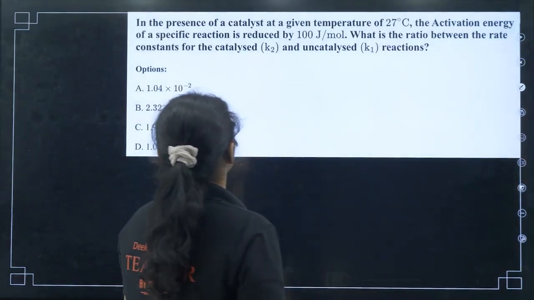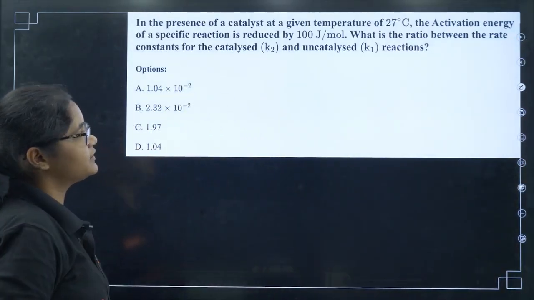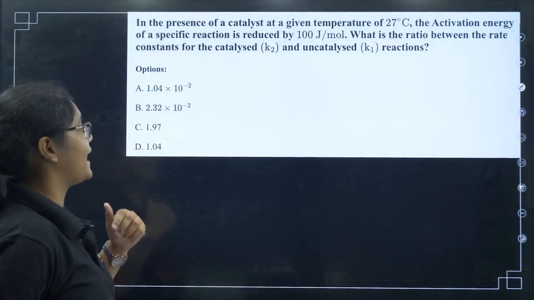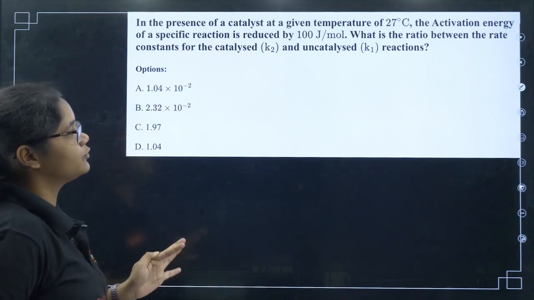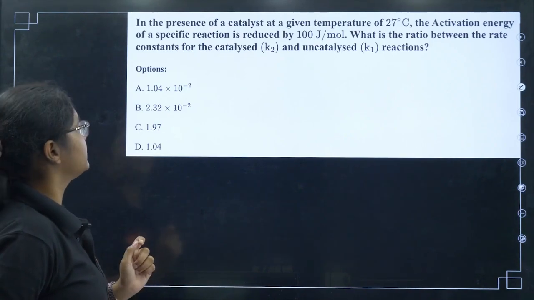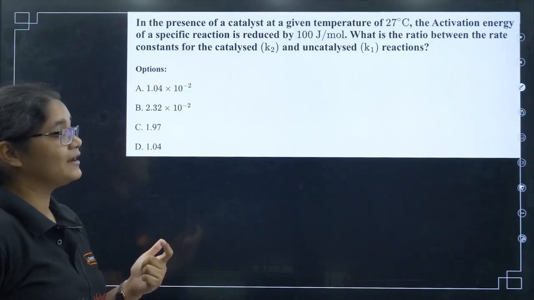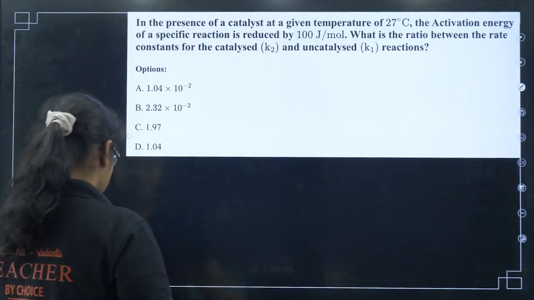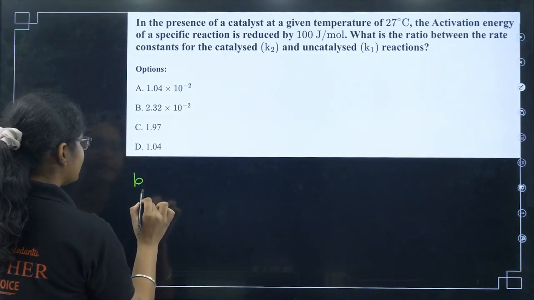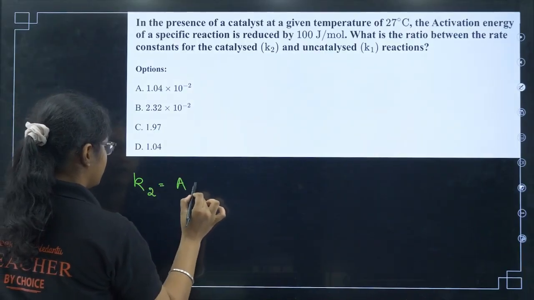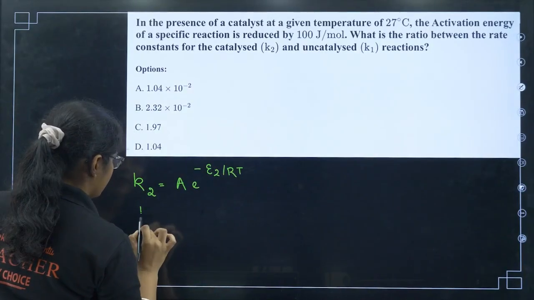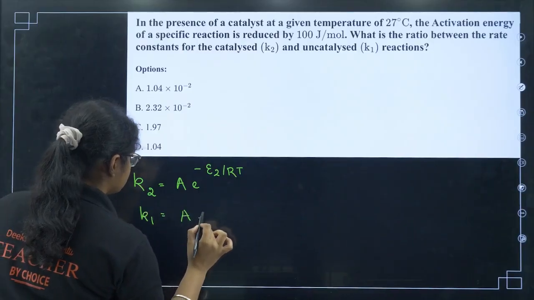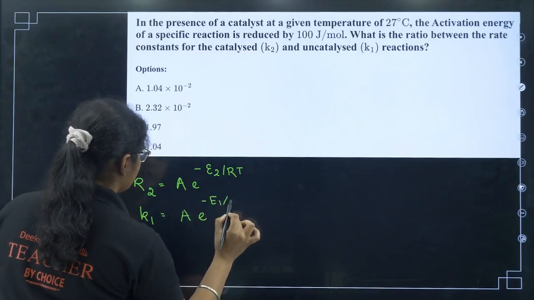Next here, in the presence of a catalyst at a given temperature of 27 degrees Celsius, the activation energy of a specific reaction is reduced by 100 joule per mole. What is the ratio between the rate constants for the catalyzed and uncatalyzed reaction? Okay, so for example, catalyzed reaction, let it be K2 equal to A into e to the power of minus E2 by RT, and K1, that is your uncatalyzed, is A into e to the power of minus E1 by RT.